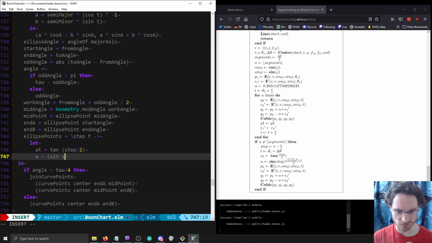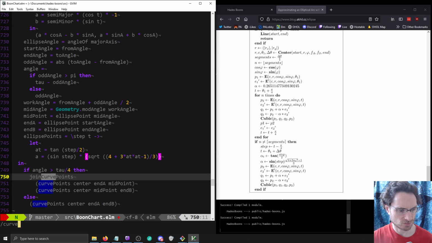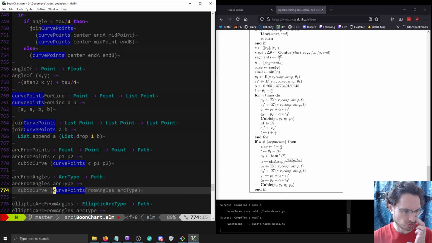But this is actually going to look more like sin step times... It actually looks kind of similar to the K2 and curve points.